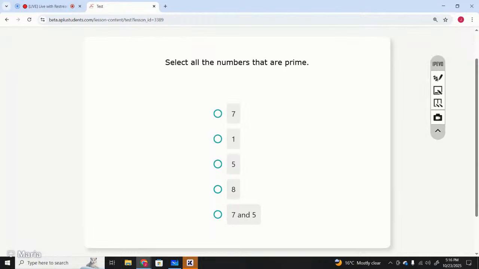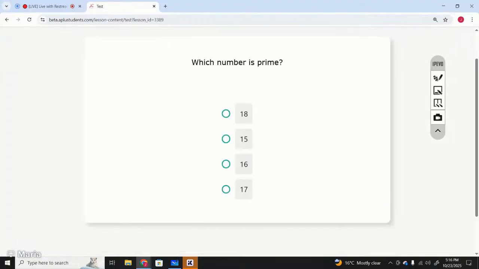Select all the numbers that are prime. 7 and 5. Only 7 and 5 are the prime numbers.